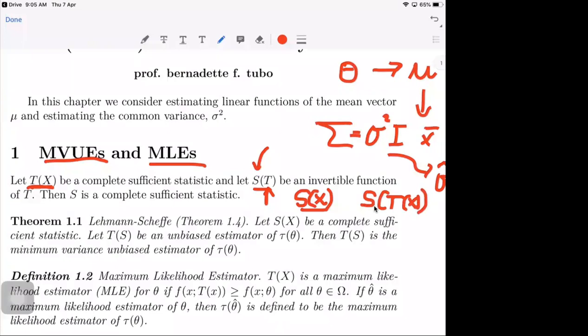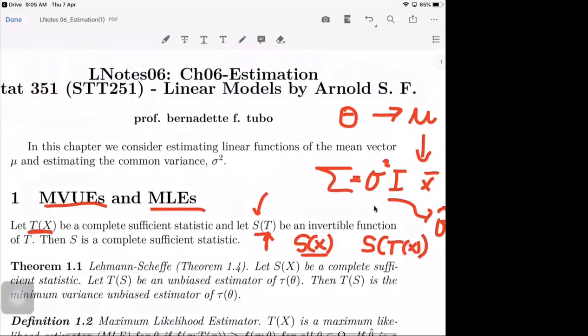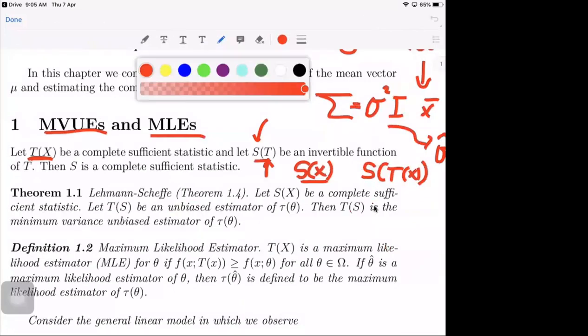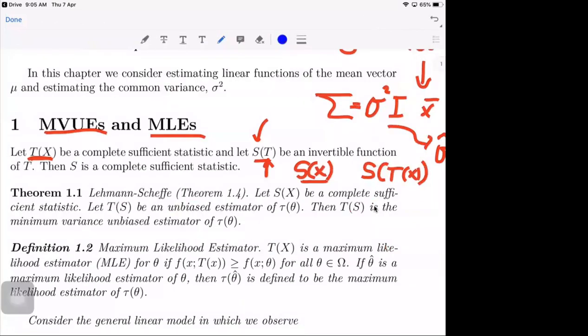An example of that is, say, if you have X observations and you get the sum of X. Now, the sum of X is a sufficient statistic, as well as a complete sufficient statistic.